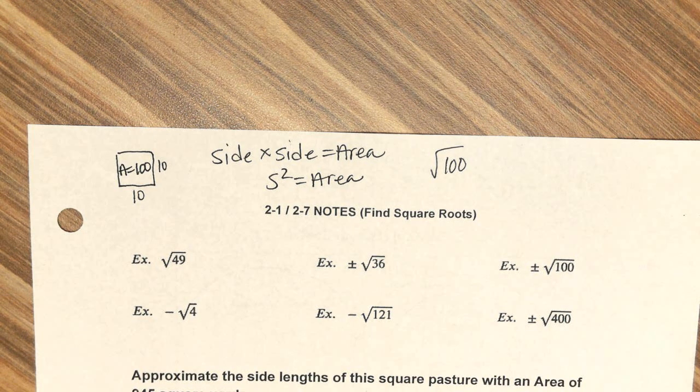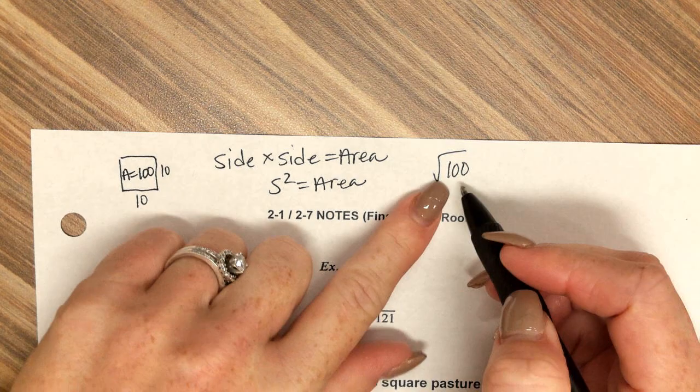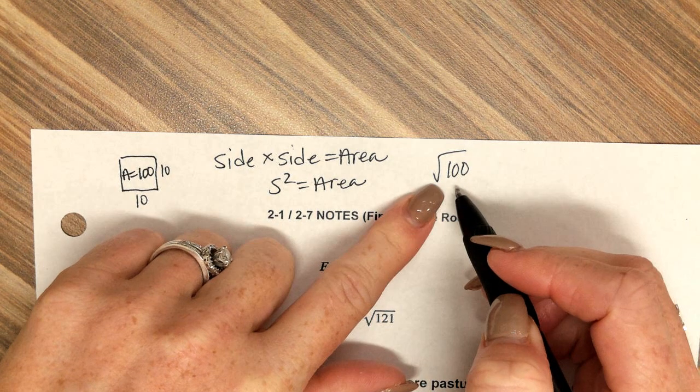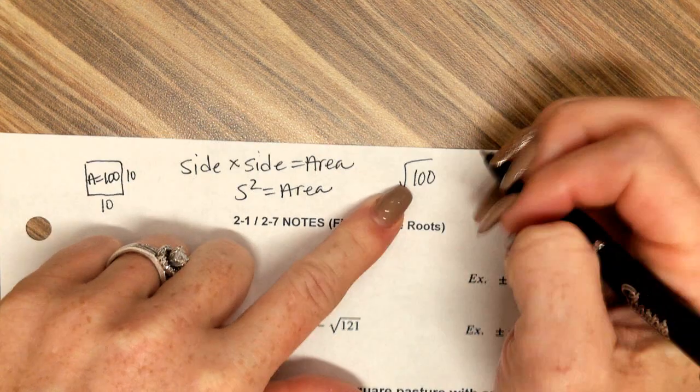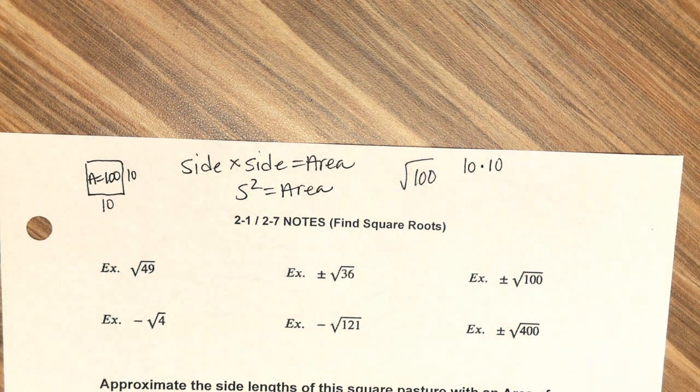Now, one thing you do need to understand is the square root of 100 has two answers. What number times itself is 100? Does everybody agree 10 times 10 is 100? But there's another answer. Who knows it? There's another number times itself that will give you 100. 100 times 100 is not 100.